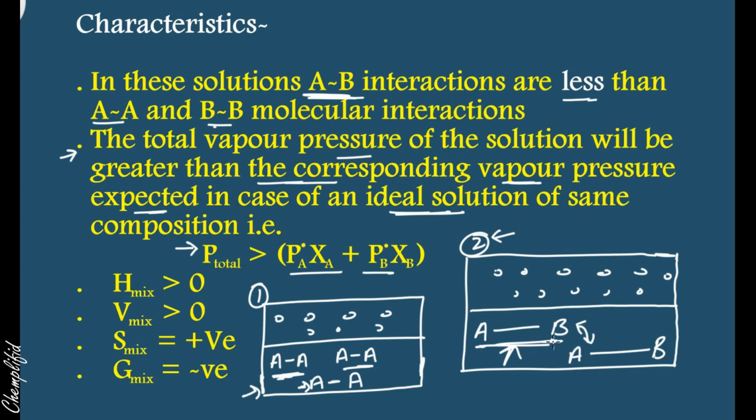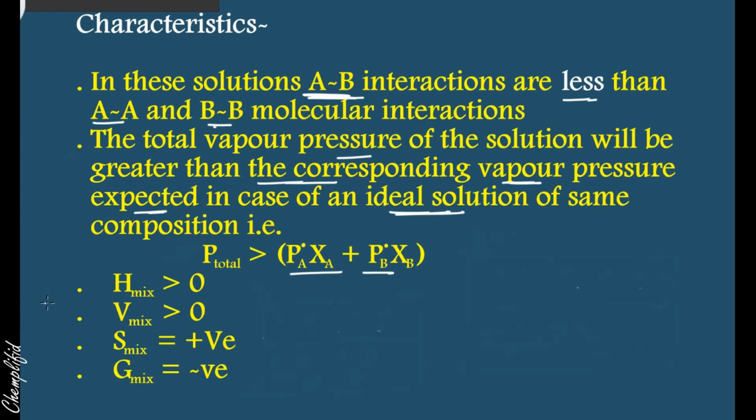Since the solution is not stable, the particles don't want to come close to each other, they want to go away from each other, which increases the volatile behavior, and the particles try to escape from the solution and go out in the vapor. Right? So the pressure increases. The pressure is because of vapors of the components, that is A and B. That's why the total pressure is greater than the pressure calculated by Raoult's law. We will talk about these terms, but first let me remove the diagrams.